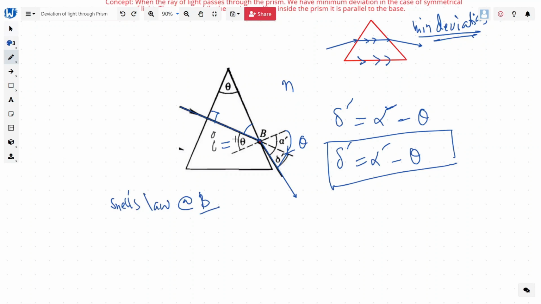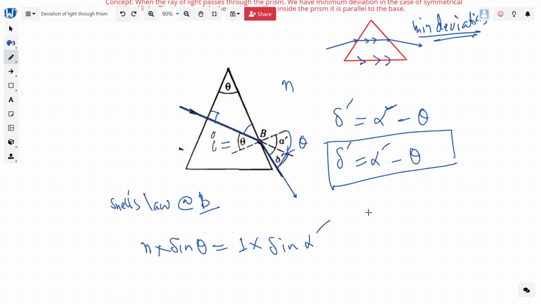Index of refraction n times sine of theta, since the angle of incidence is equal to theta, equals 1, as it is going towards the air, times sine of alpha dash. We already have theta, we need to know sine of alpha dash.